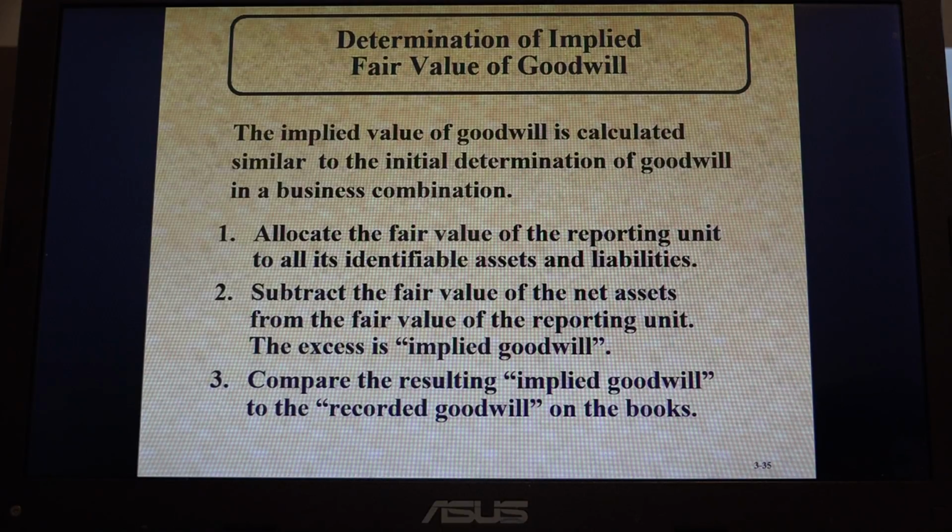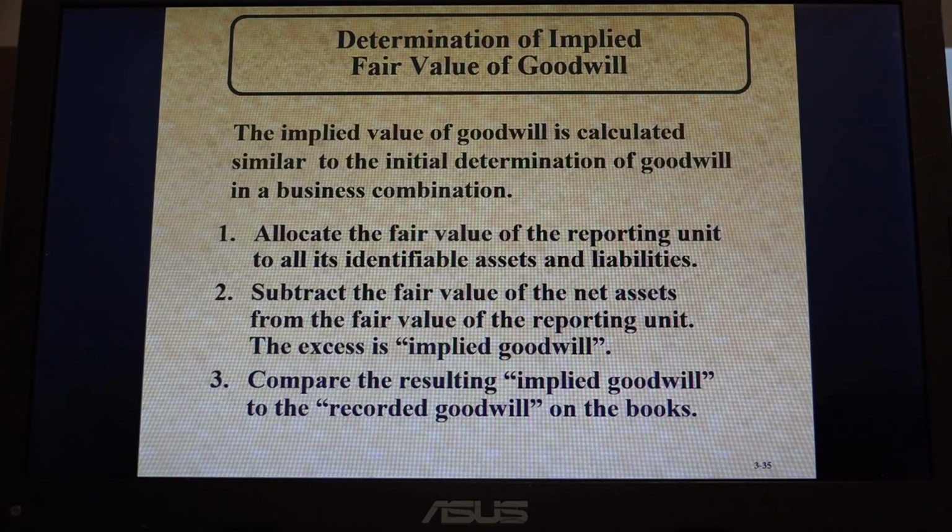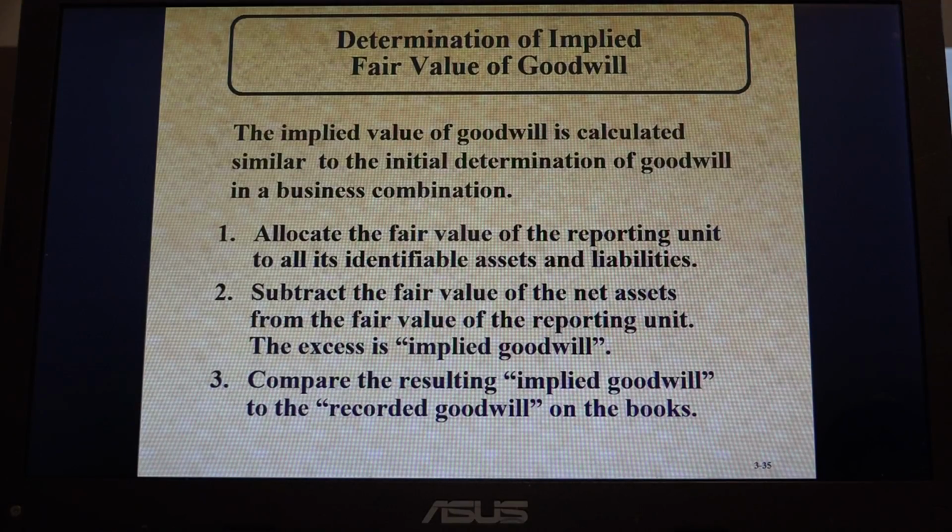Well, they have to go through this process again and allocate fair value to all the assets and liabilities of this reporting unit, and any excess, if any, goes to implied goodwill.